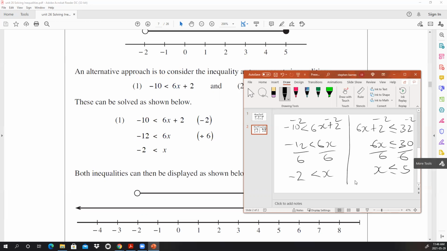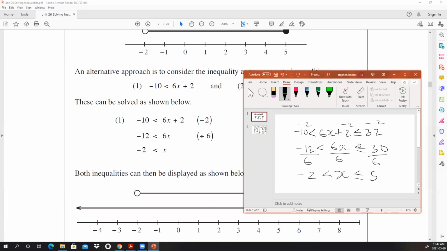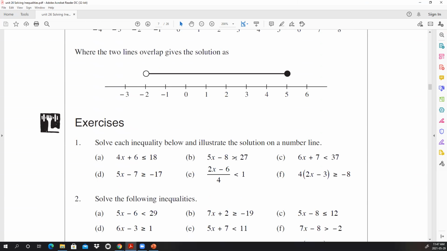So you get x is greater than minus 2, and x is less than or equal to 5. If you were to join it, it makes sense, because you just put x in the middle: it is greater than minus 2, but it is less than or equal to 5. And you get your answer. So it is the same thing, kind of lame to split it out when you can just work it nice and easy the first way. All right.